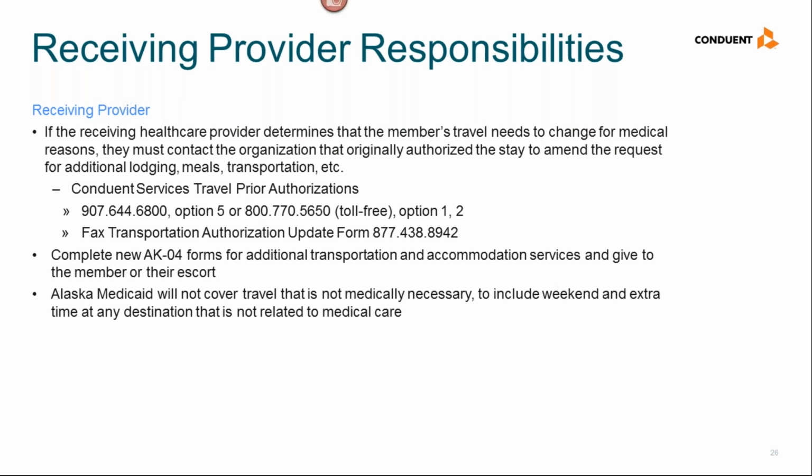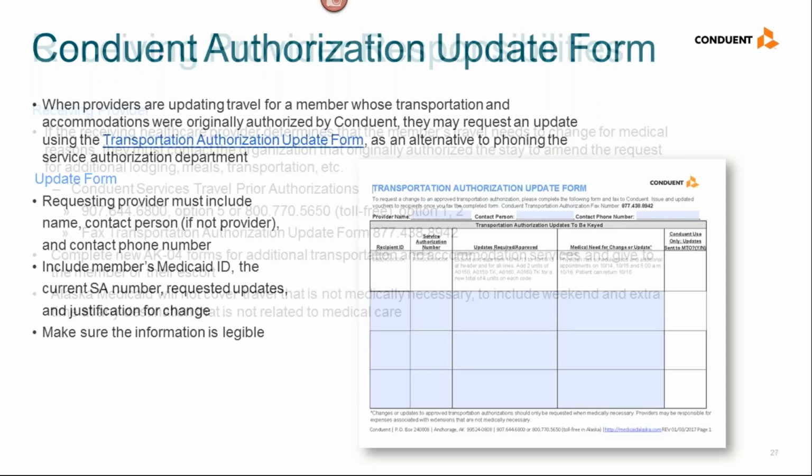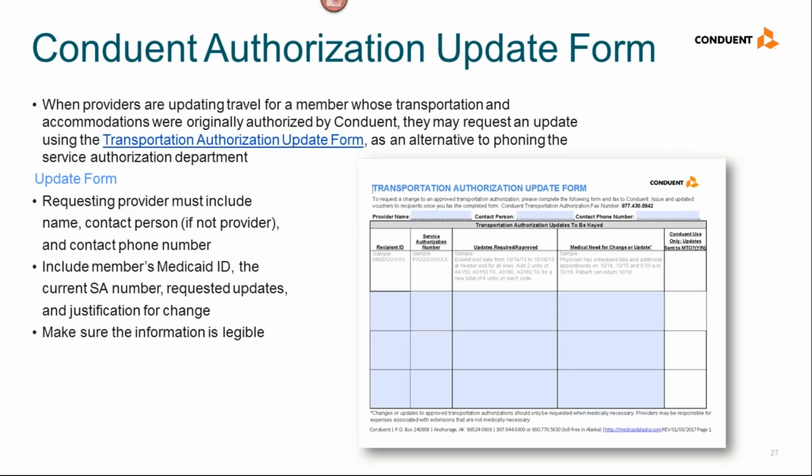All right, when you have existing travel that you need to update, you can either call in and get an update over the phone, or you can fax in these forms. And this, again, is just for existing travel. So these forms are found out on our forms page. So MedicaidAlaska.com, documentation, documents and forms, and then forms page. And it's titled Transportation Authorization Update Form. So these blue fields are form fillable.